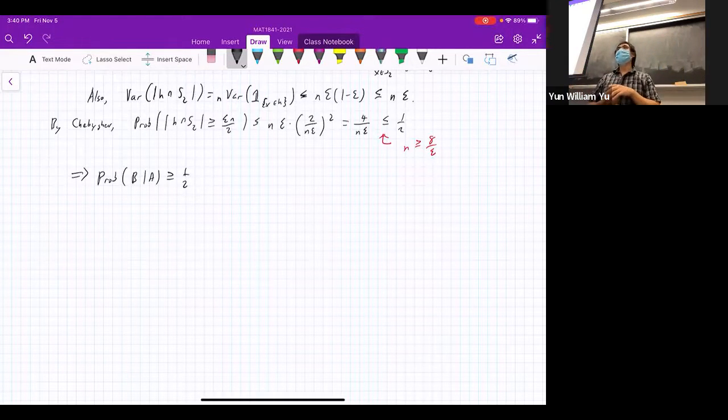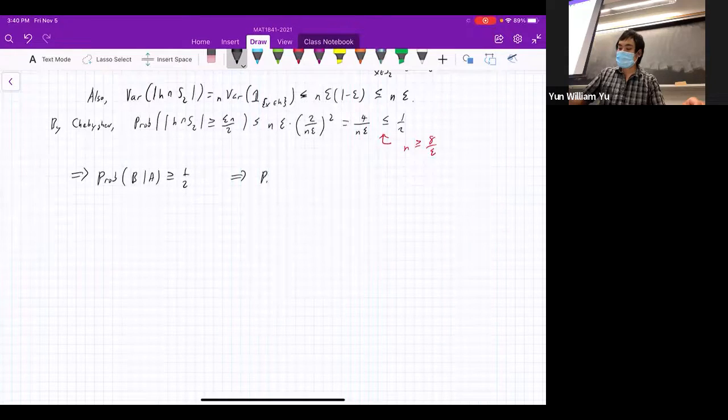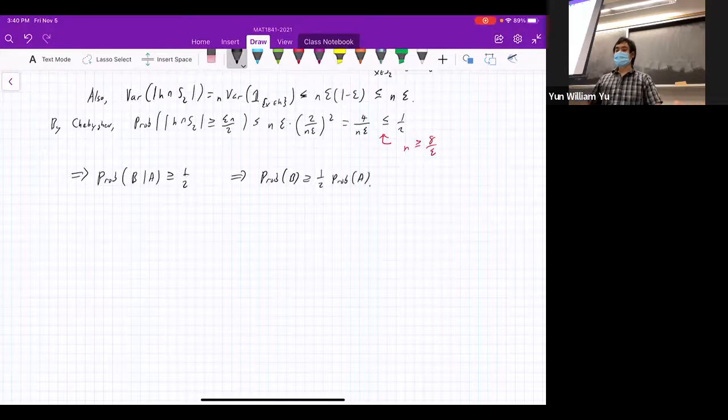So clearly the probability that you have event B given that you have event A is at least 1/2, because this is a special case of that, since this only counts when it's the same H for both A and B. And this implies that the probability of B is greater than or equal to 1/2 of the probability of A. Okay, so that should be clear.